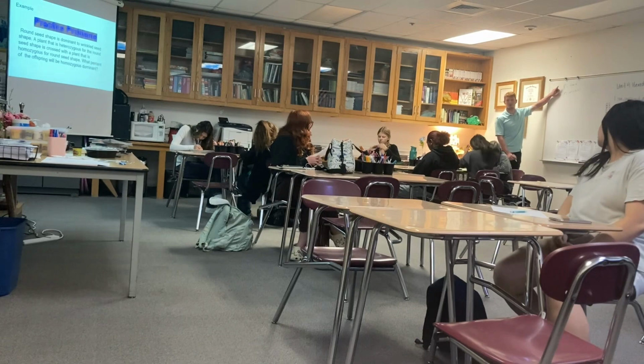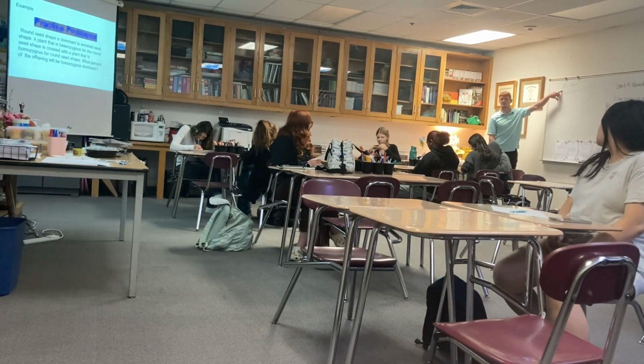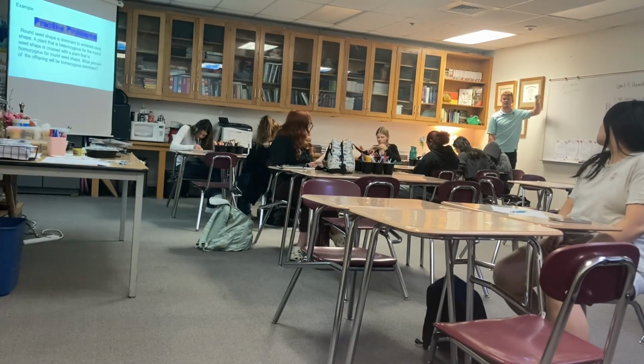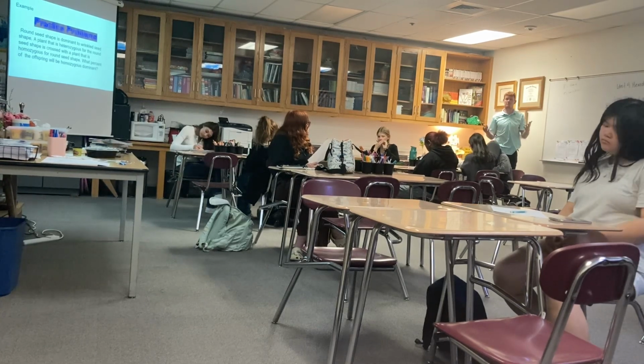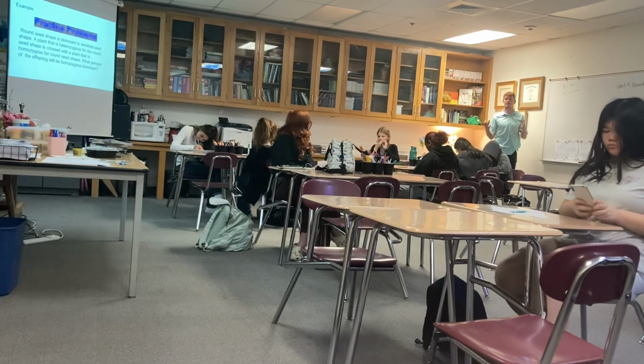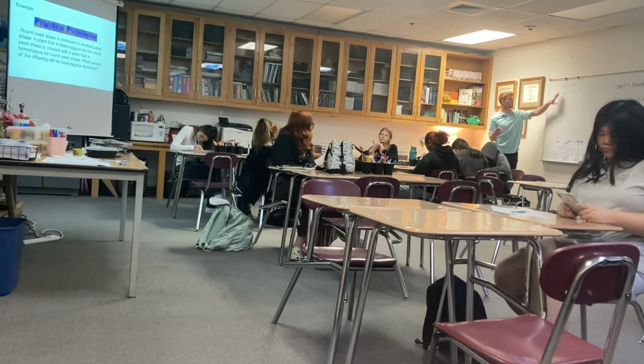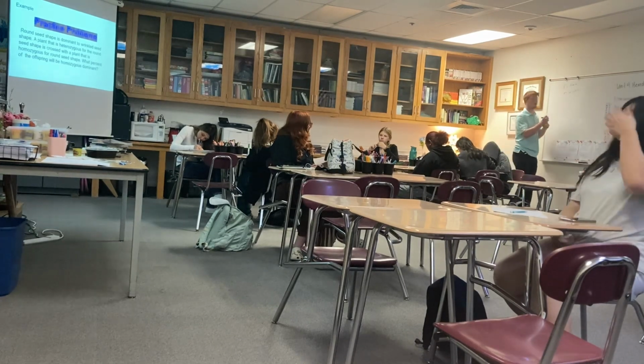So what would it be if these are your allele options? Well, you said it's one of each, right? So it's one big R and one little r? Because hetero means different, so that means you have different alleles. So it's one big, one little. Does that make sense? Okay.